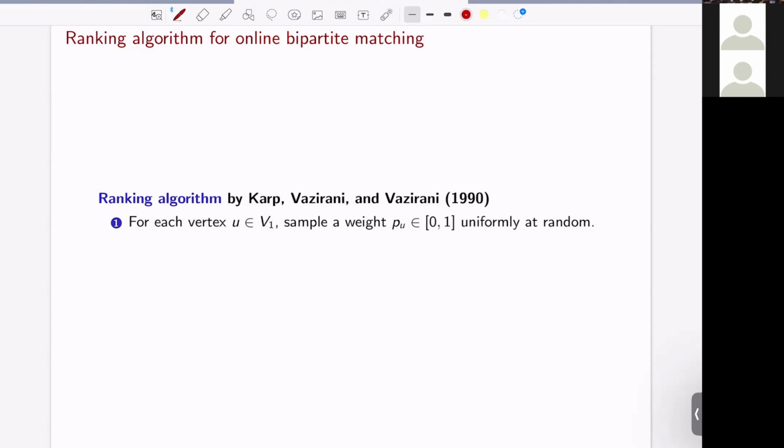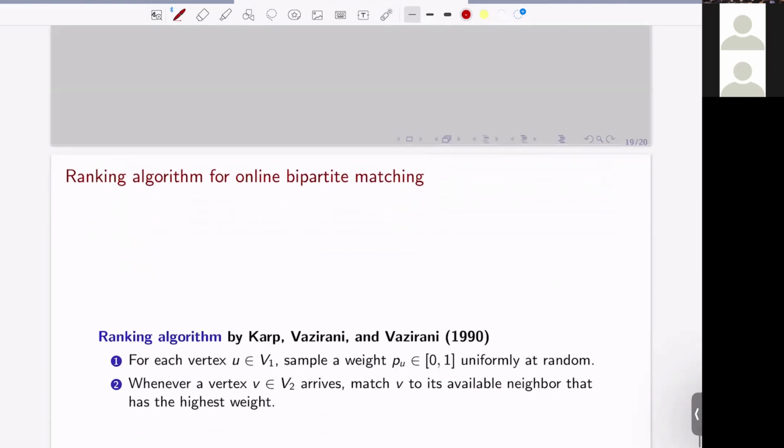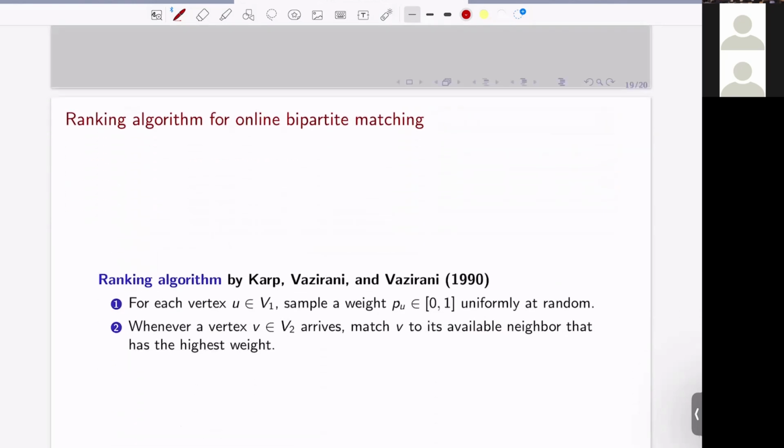Then based on these random values, you can rank the vertices from one side, the available ones. And what I do is the following. Every time a new vertex from the other side comes up, you look at the neighbors that are available, meaning they are not matched. Then you choose the one with the highest weight, highest priority.